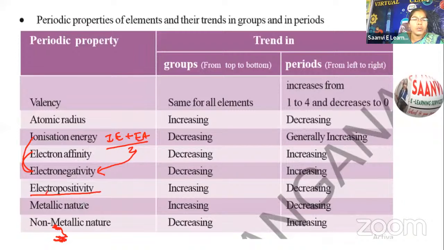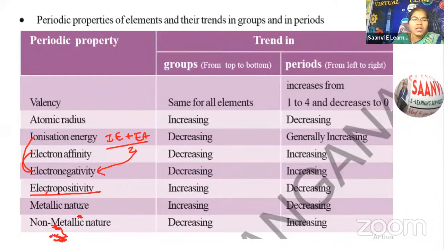Electronegativity is quite opposite to electropositivity. So electronegativity decreases in the groups from top to bottom and increases in the periods. Electropositivity increases in the groups from top to bottom and decreases from left to right.